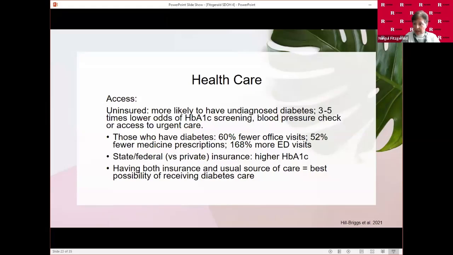And if they have diabetes, they are less likely to have office visits, those necessary preventive and maintenance level visits to take care of their disease status. And some research is showing that having both insurance and usual source of care is the best possibility rather than having one or the other.